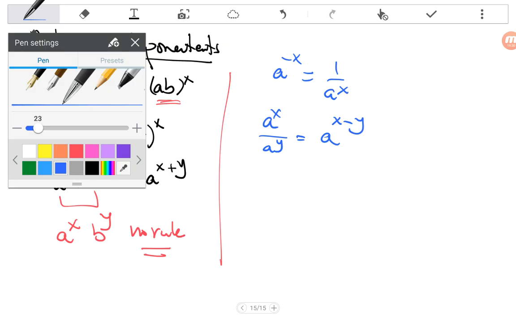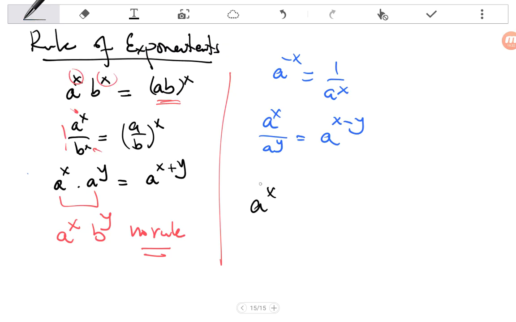And there is also another case, which is a power x all power y. We may express it as a power xy. We multiply the exponents, and we may also change the order, so we may rewrite it as a power y all power x. You should have studied these rules before.